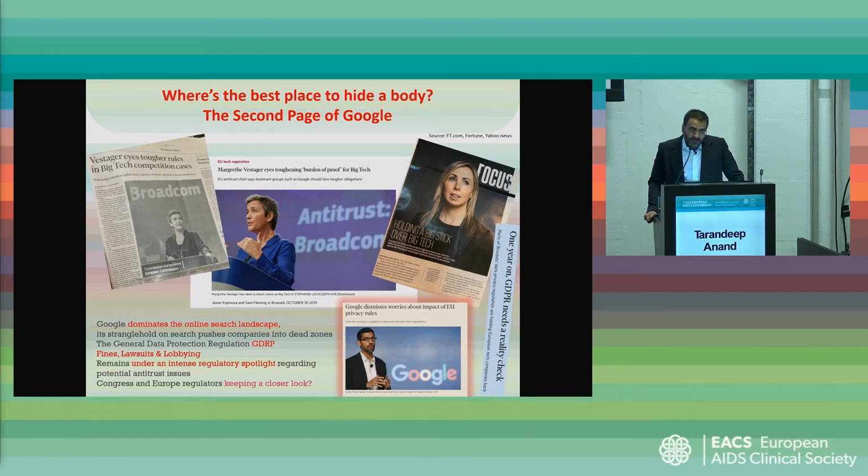Almost every day you pick up the newspaper, you would see European regulators trying to do something against Google, fining them, or we just had the GDPR, which was launched. But again, there is only so much we can do to prevent the dominance of Google. So why not harness the potential of Google for HIV testing and prevention uptake?